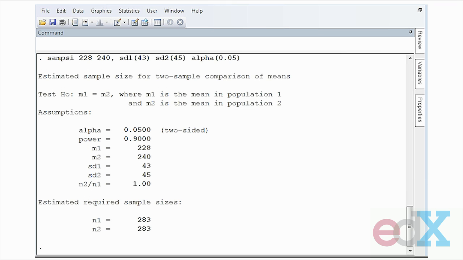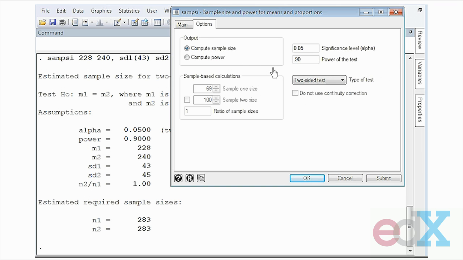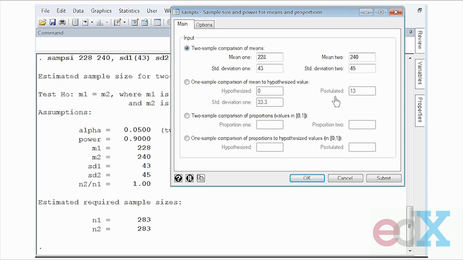Right, so with the two sample, the role of the postulated value is how far apart these two means have to be in order to have the power that you desire, and then to do your sample size. So when the standard deviation is roughly in the 40s, to detect a difference of 12, you're going to need a sample size of 283 in each, so that's about 560. It's close to 600 to be able to spot that difference with 90% power.